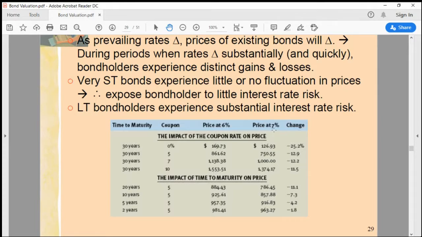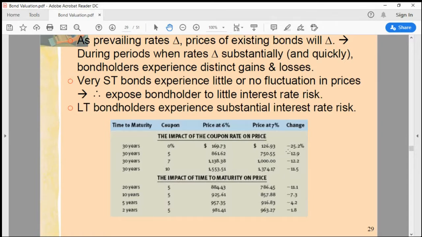And then at a 7% discount rate, it's still a premium bond because 10% is much better than 7%, right? But the drop in the price is negative 11%. So you see, interest rate change, especially if interest rate goes up, will have a negative impact on its price. So it's also called price risk.